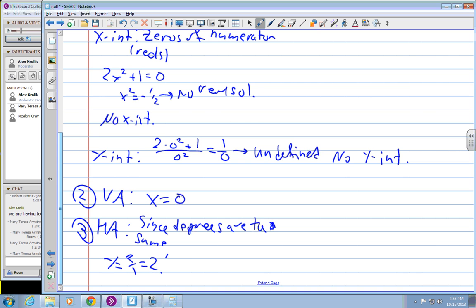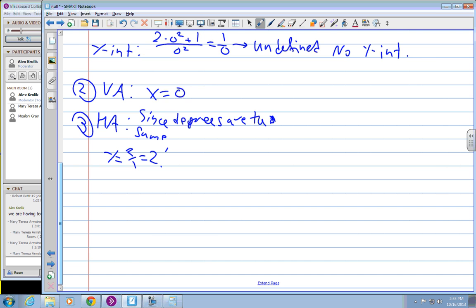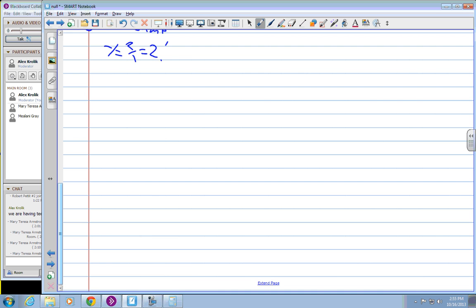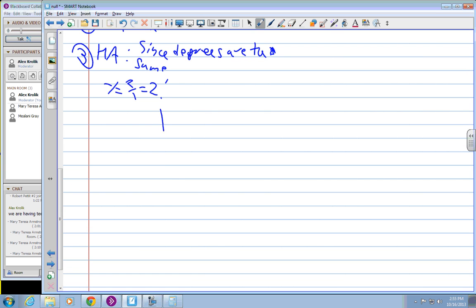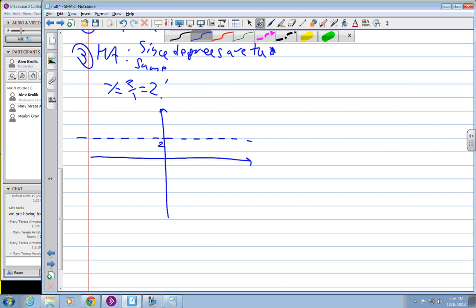So y equals 2. So that's all we have so far. We don't have any x-intercepts. We don't have any y-intercepts. We have a horizontal asymptote at 2. And we have a vertical asymptote at 0.